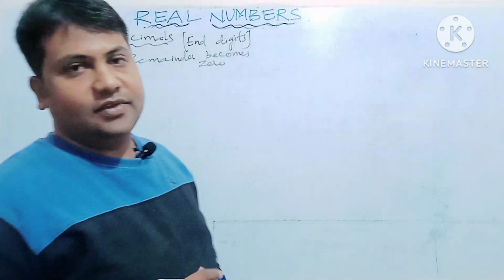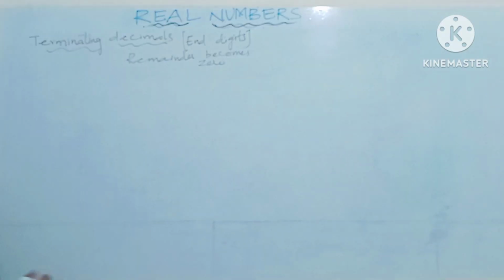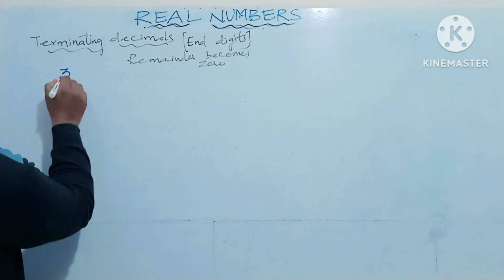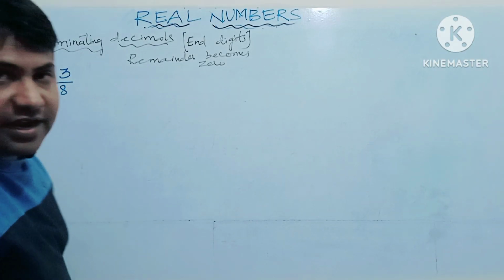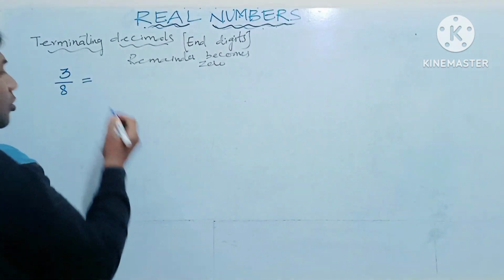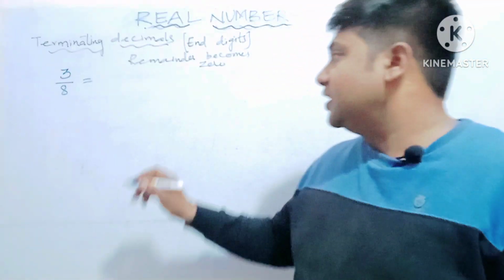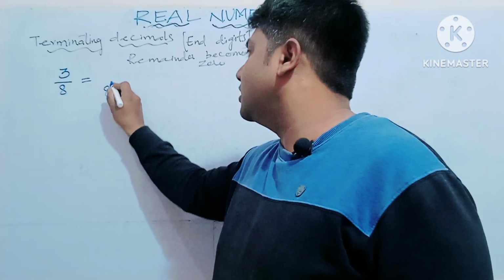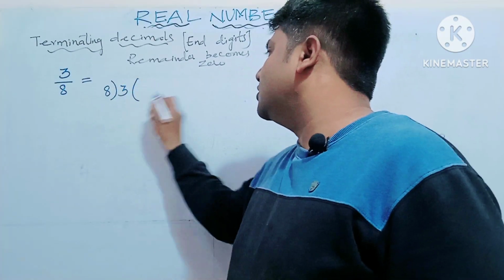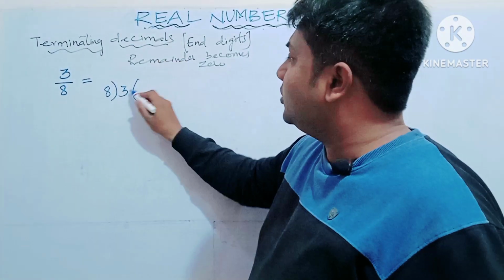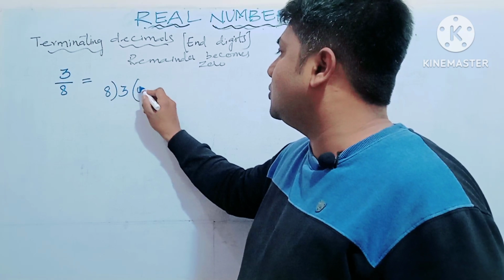Let us write one example. Let me take 3 by 8 and do the normal division. We take 8 and divide 3. Since 8 is bigger and 3 is smaller, we write 0 point.